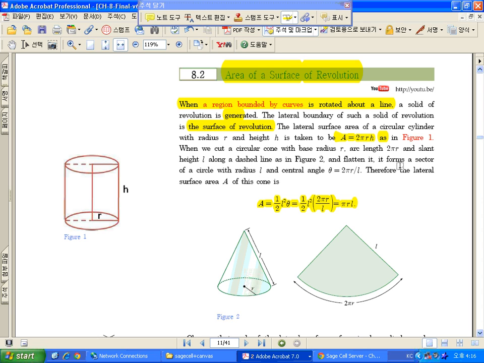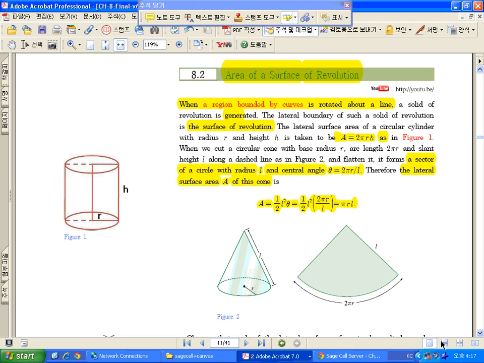As we see, a sector of a circle with radius L and central angle theta is 2 pi r over L. Therefore, the lateral surface area A of this cone is 1/2 times L squared times theta.